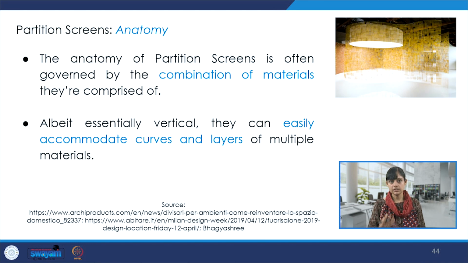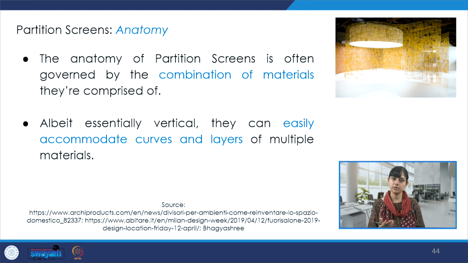In terms of anatomy, of course, it depends a lot on what material palette or what combination of materials we are using to create this screen. And again, like I told, whether there is a visual connectivity or not. They could be vertical, they could be horizontal, they could be very fluid like curves, they could have multiple layers, they could be rigid or flexible, they could be foldable and expandable.